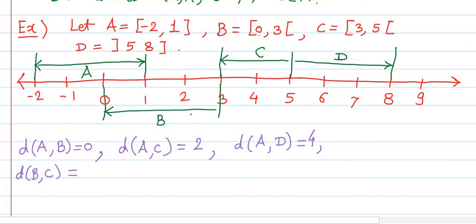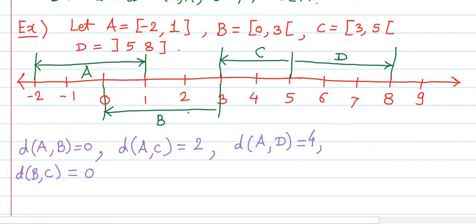Now here B and C do not have any point in common. Sets B and C are disjoint. They do not have any point in common, even though the distance between them is 0. Why? Because if you consider the point 2.999 of the set B and the point 3 of the set C, then the distance between them is 0.001.